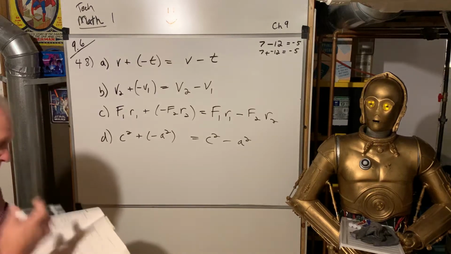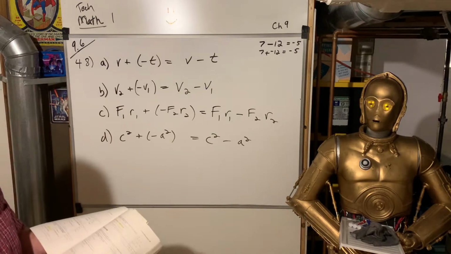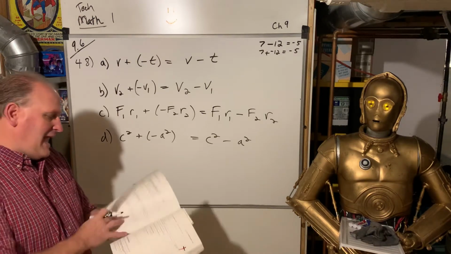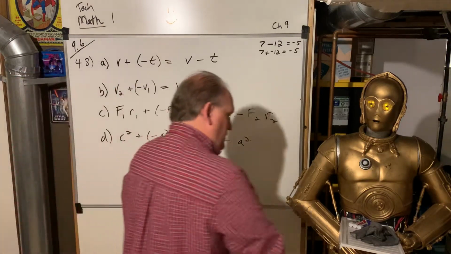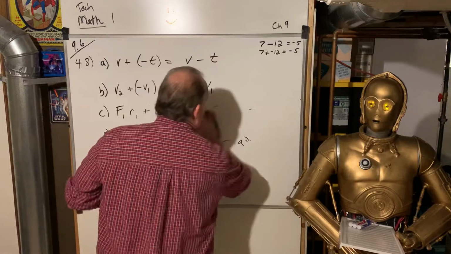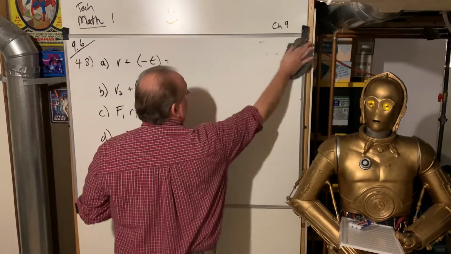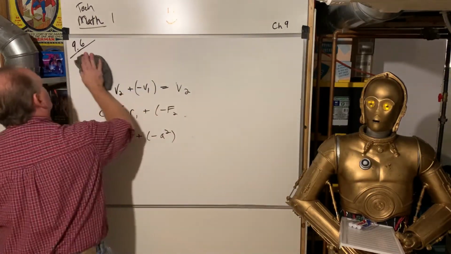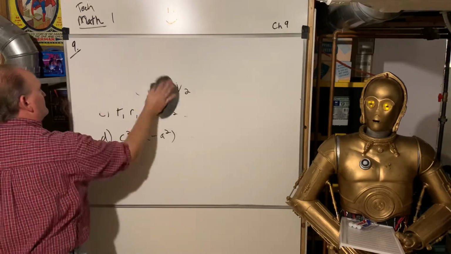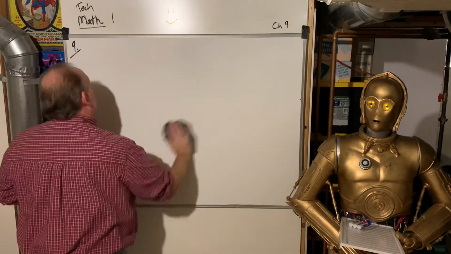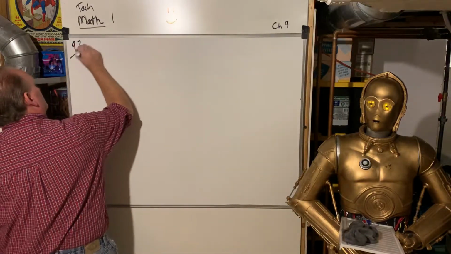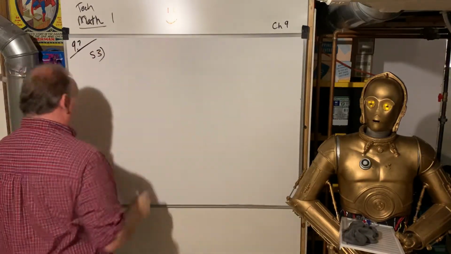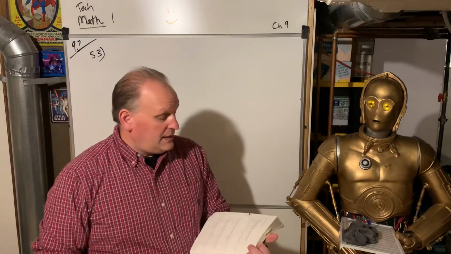Let's take a look at 9.7, the addition axiom. We'll look at 53. Number 53 is solve for the indicated variable.